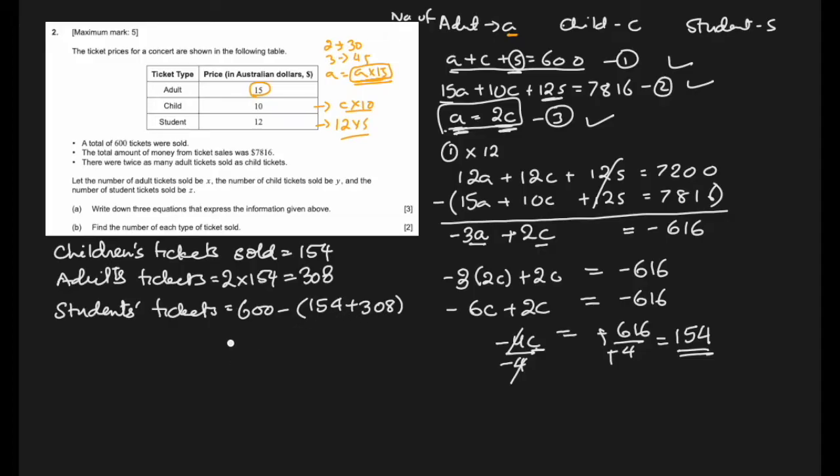So 138, right? Yeah, 138 tickets. So the second part is also answered. 154, 308 and 138 tickets sold for each one of them. Okay, moving on to question number 3.